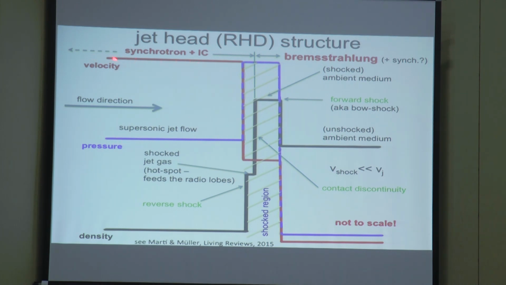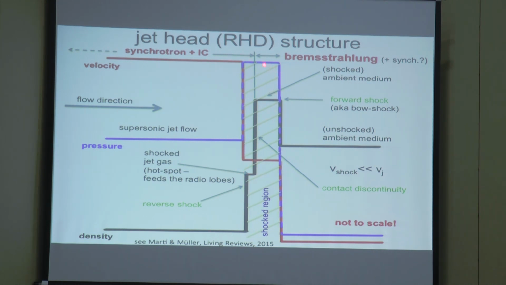This is the flow direction, so you have a supersonic jet flow. The red is the velocity, so the jet comes in this direction with a high velocity jet flow with a given pressure and a given density. The jets are very dilute. So they reach a terminal shock, a reverse shock in the reference frame, in which the pressure jumps, the velocity falls, and the density jumps too.